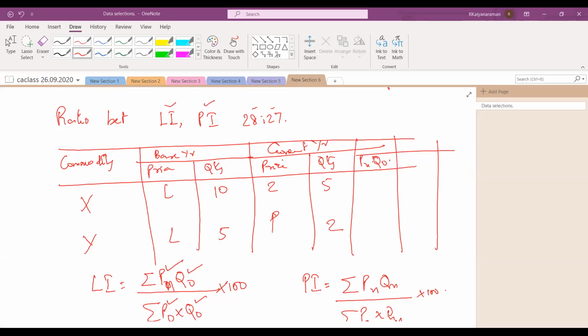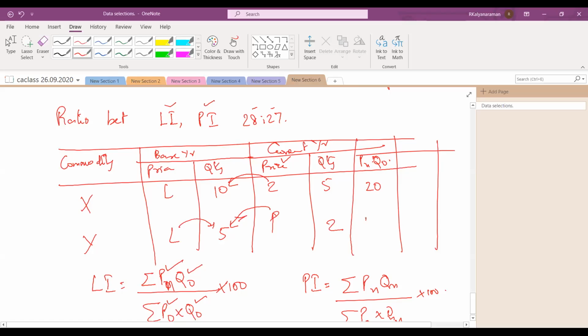Current year price is this thing. Quantity is the base year. So this is 20 for the commodity X, 20. Current year price, base year quantity. So sorry, base year price into base year quantity.